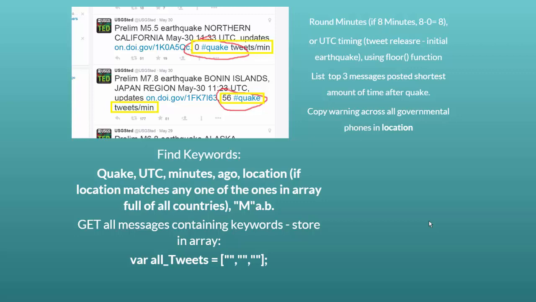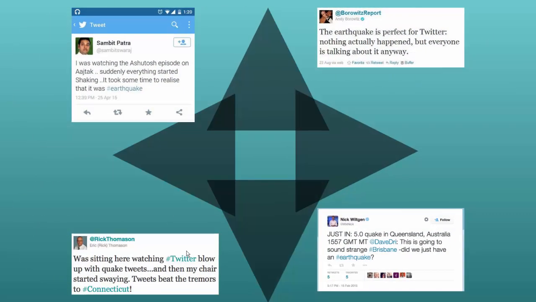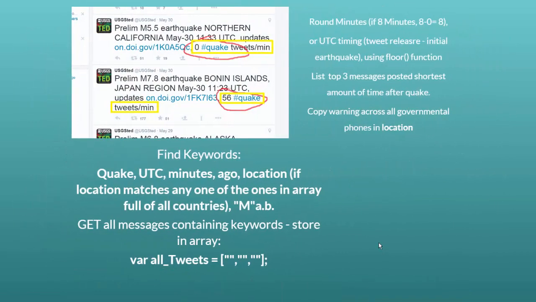So for example, in this tweet it says earthquake 5:57 GMT. Did we just have an earthquake? So it'll measure that time minus the time the tweet was posted, and it'll find the number of minutes since the tweet was posted after the earthquake.